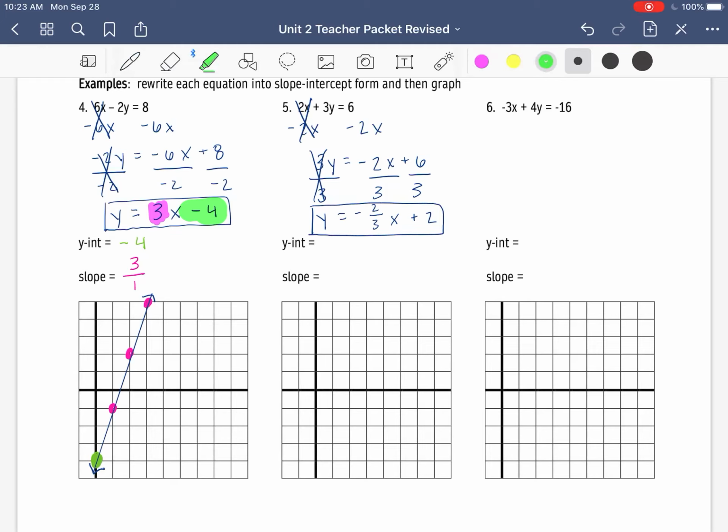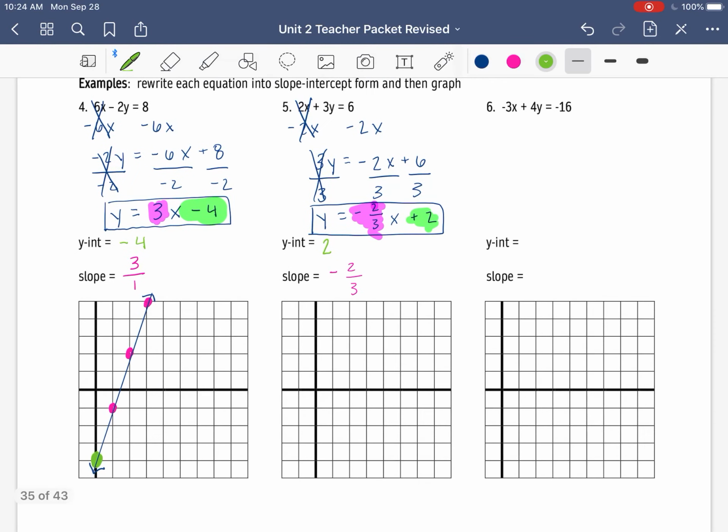So in this example, my y-intercept would be this positive 2. That's my constant in my equation. And then our slope is going to be the coefficient of x. So in this case, it's a negative 2/3. And that one's already in fraction form. So I'm going to graph on my y-axis, my y-intercept, which is a positive 2.